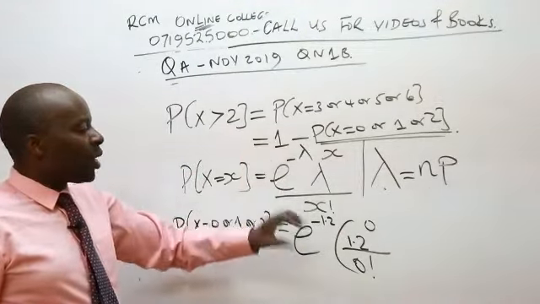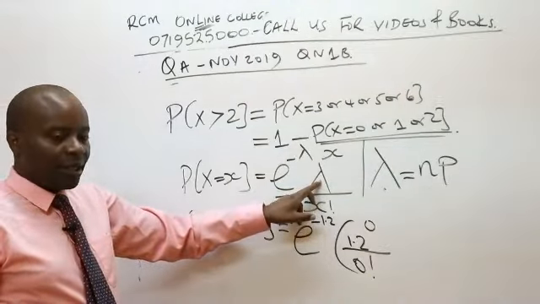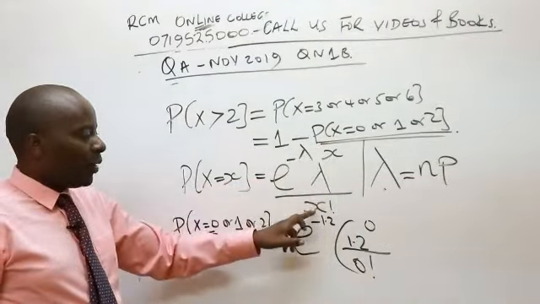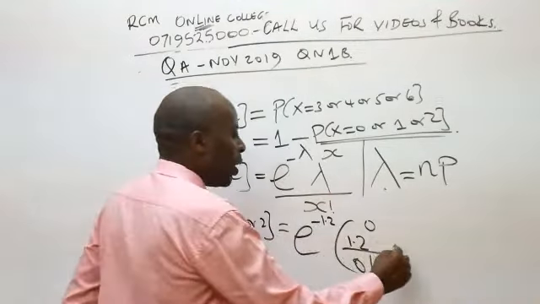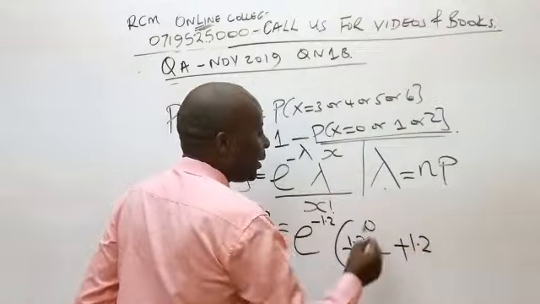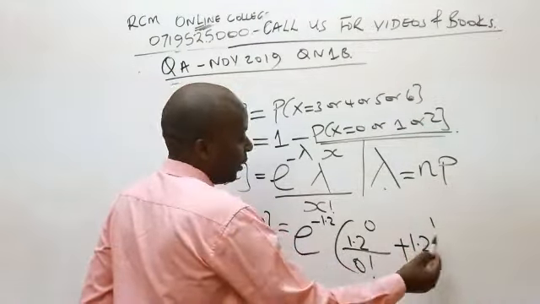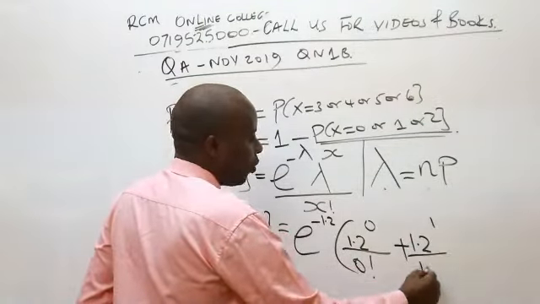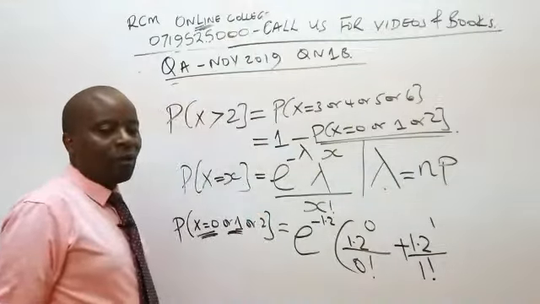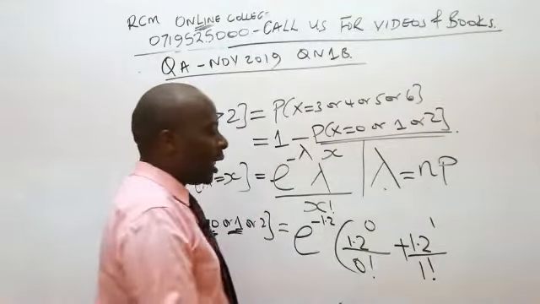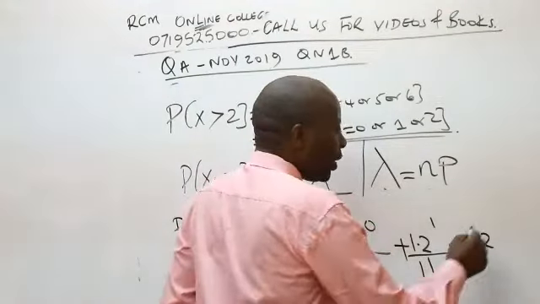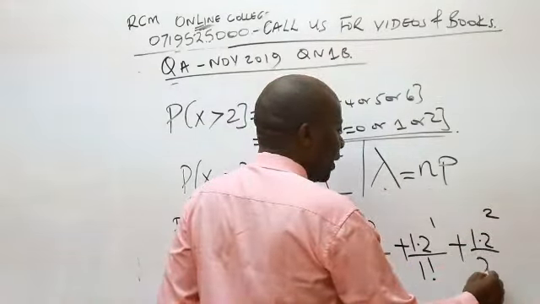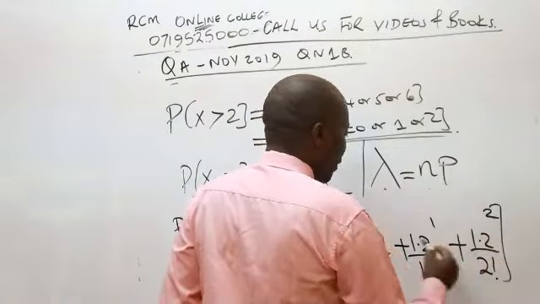Inside brackets I'll have lambda raised to x all over x factorial. So after that, plus the mean raised to 1, all over 1 factorial. Plus 1.2 raised to power 2, all over 2 factorial.